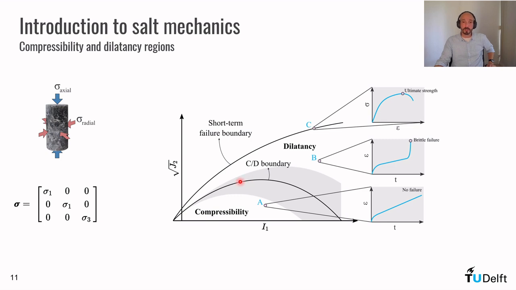Actually, when we perform experiments, some materials make the transition here, other materials make the transition here. So we have more like a region in which we're not really sure if the material behaves in a dilatant or compressible way.